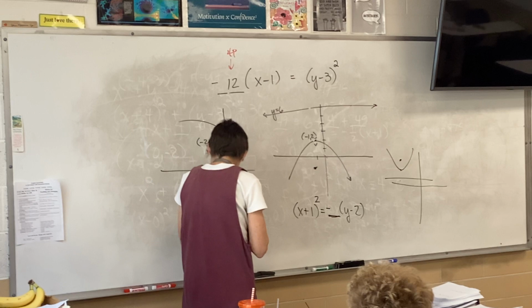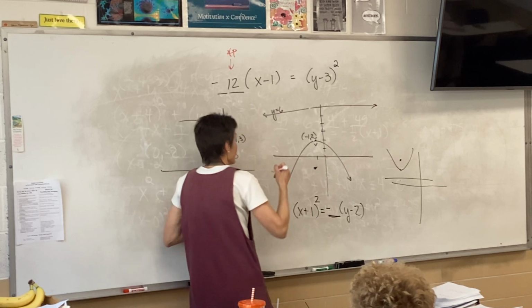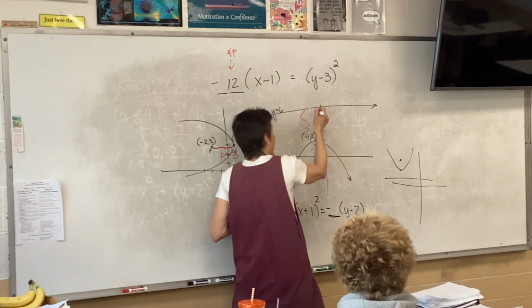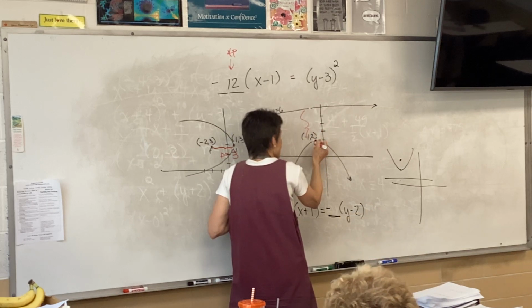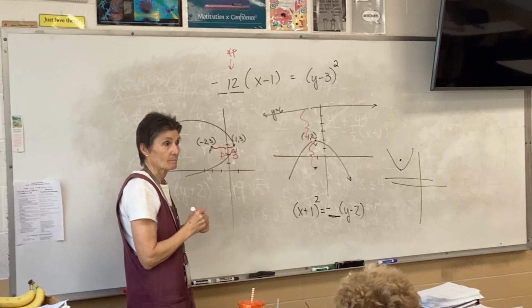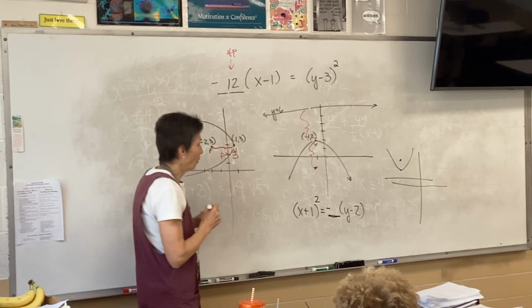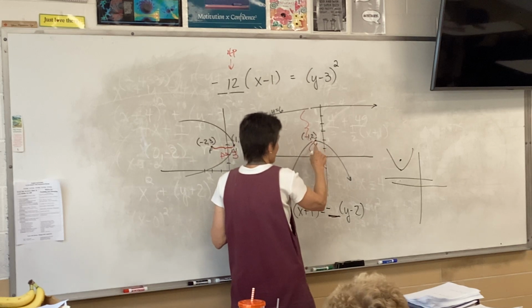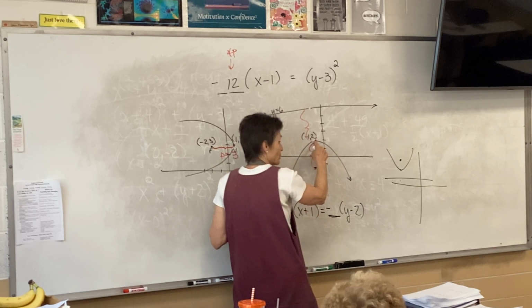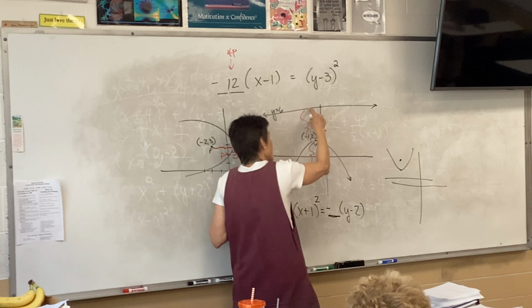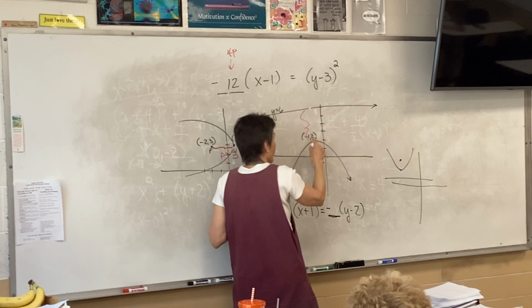And think about what we did yesterday. Isn't this distance, the distance we go up to the directrix, the same as this distance? Isn't that the same thing? Well, what is this distance? If we're at the vertex, which is left 1, up 2, and I have to go up to this line, which is where y is 6, what is that distance?